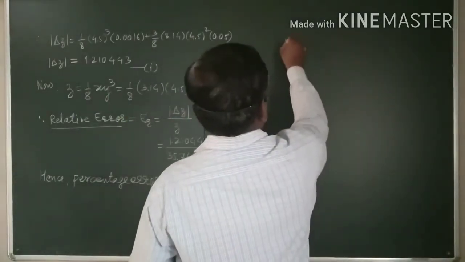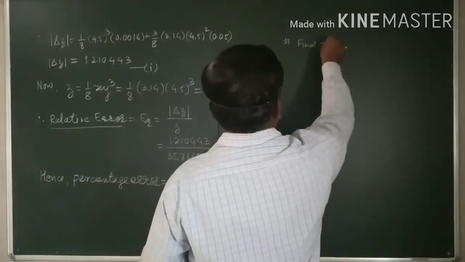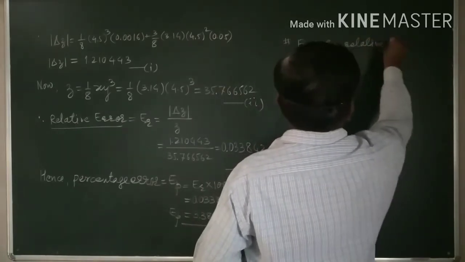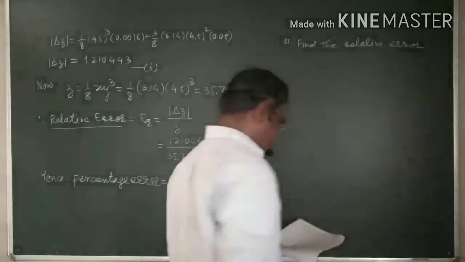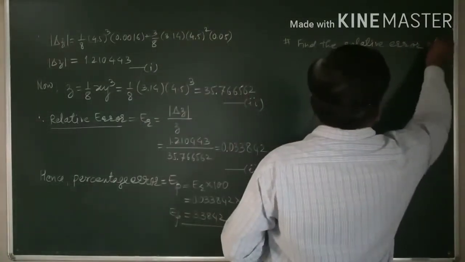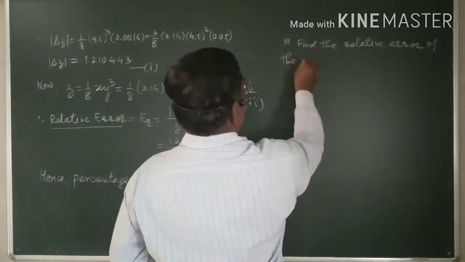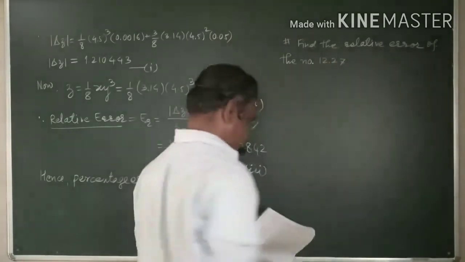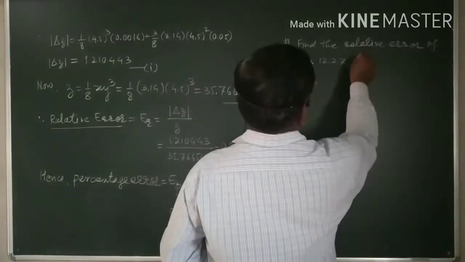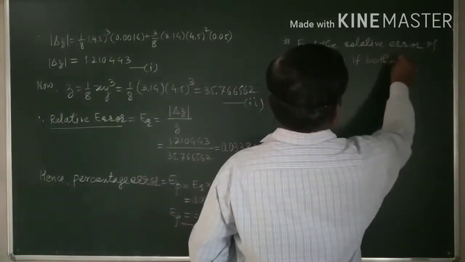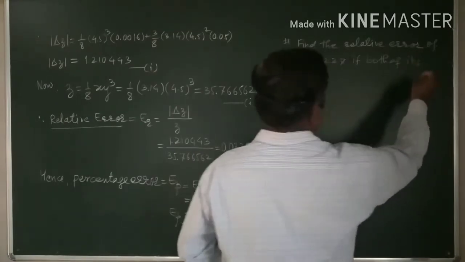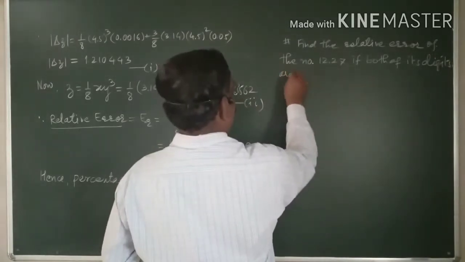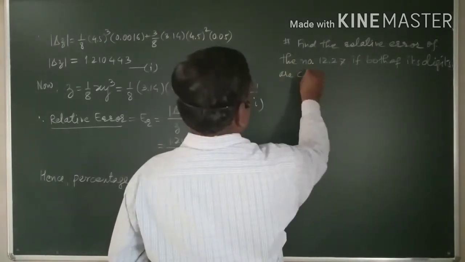Let me take the next problem. Find the relative error of the number 12.27 if both of its digits are correct.